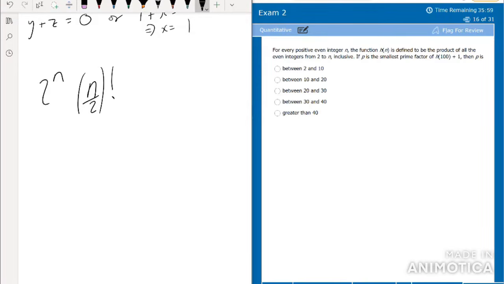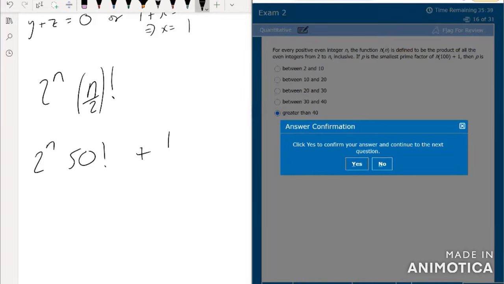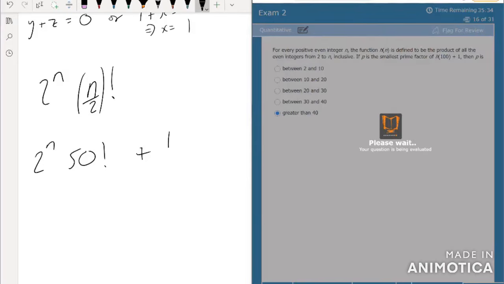P is a smallest prime factor, then P is, oh, well, it's literally 2 to the n, 50 factorial, plus 1. And so we've got plus 1. So basically, there's no prime factor less than 50 that's in there. So we can do, let me be very careful. Let me just think. Yeah, that's fine.